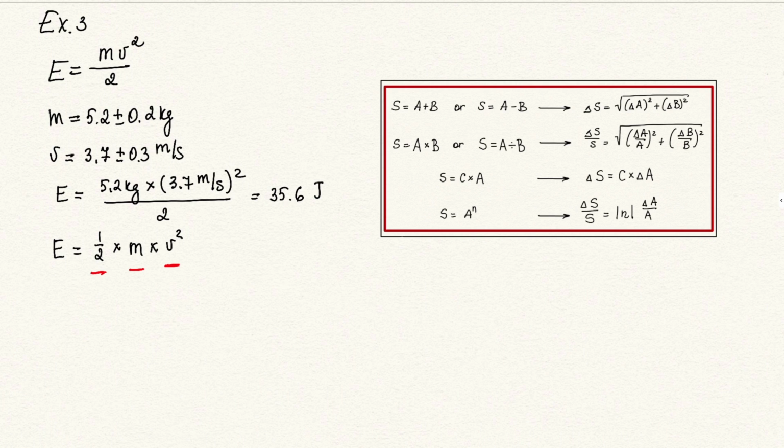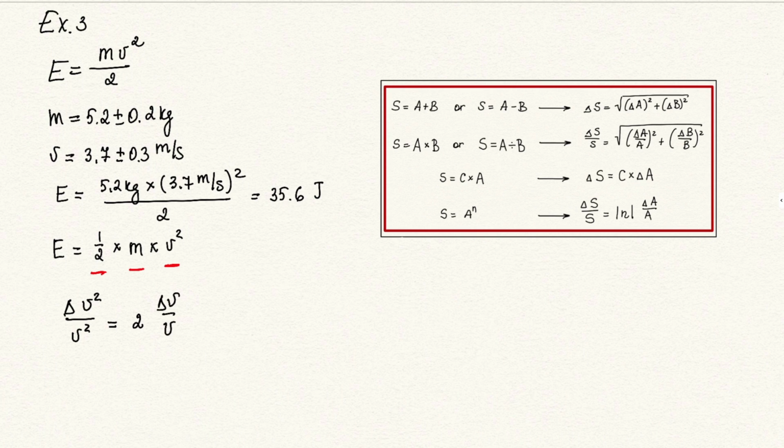So uncertainty of v squared over v squared equals, I'm bringing down 2 because this is a second power of velocity, 2 times the relative error in velocity.